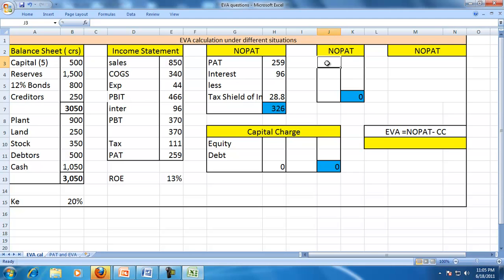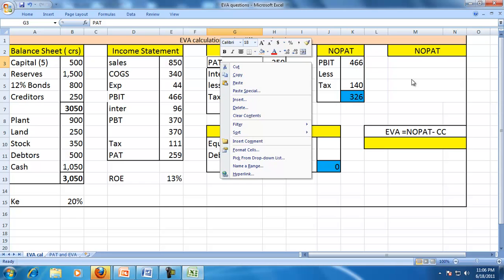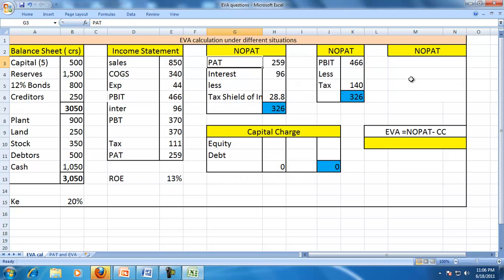I can also calculate NOPAT by using PBIT. So PBIT is 466, then less tax, as we have seen tax is equal to 0.30, so NOPAT is 326. Whether you calculate from PAT or PBIT is not an issue, you will arrive at the same NOPAT.